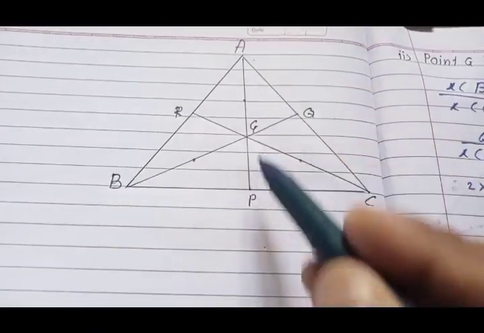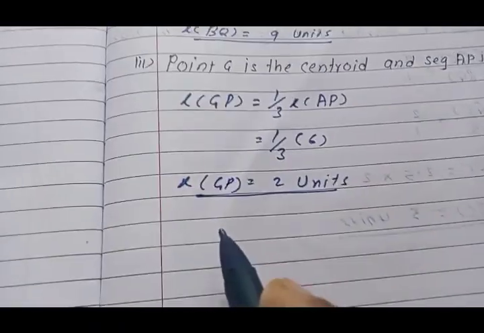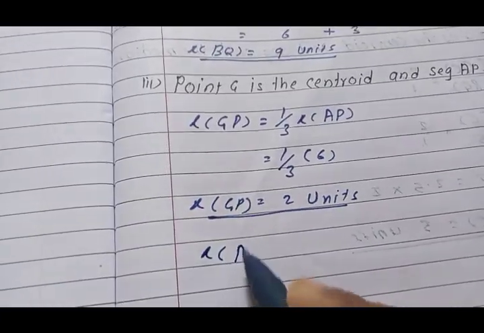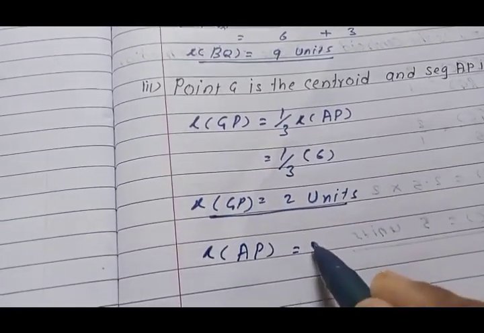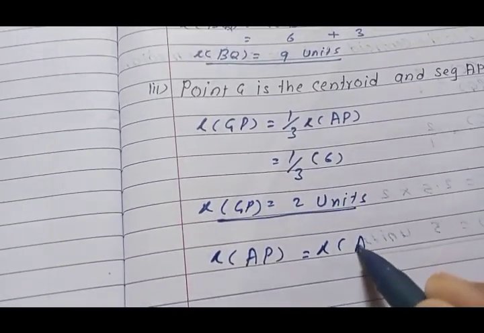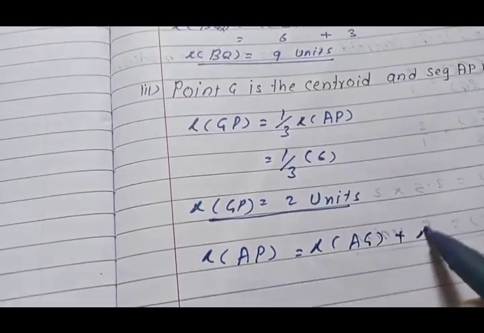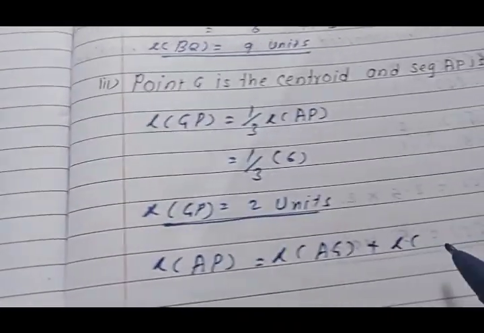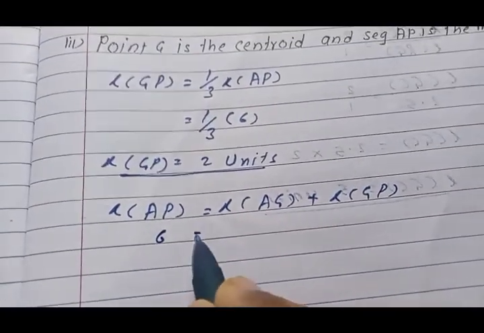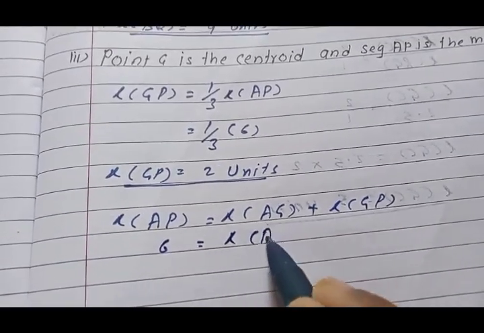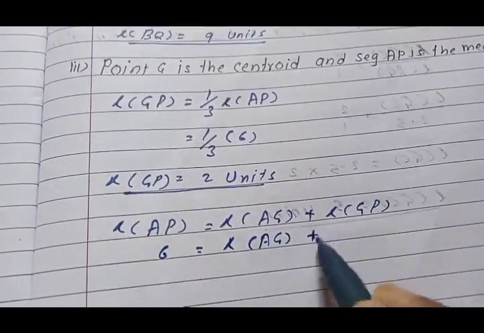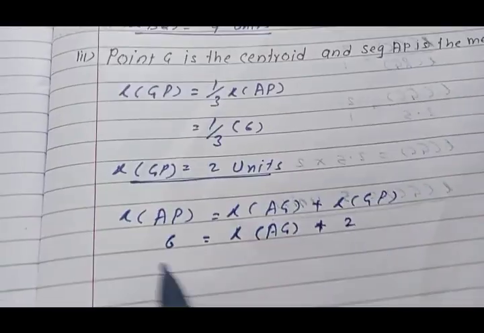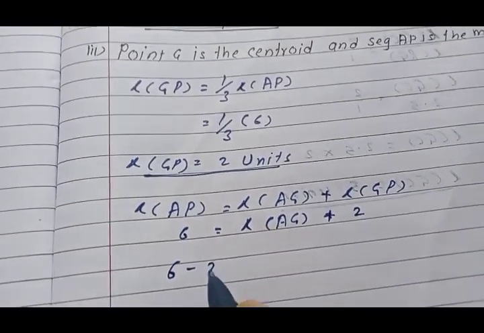Then AP equals AG plus GP. Length AP equals length AG plus length GP. AP is given as 6, so length AG equals 6 minus 2.